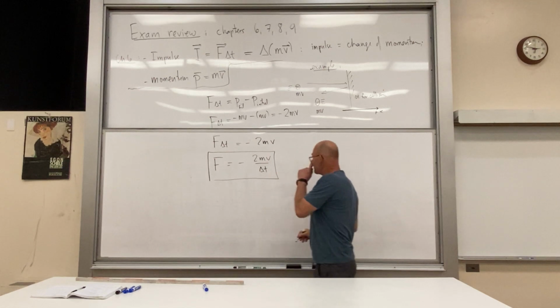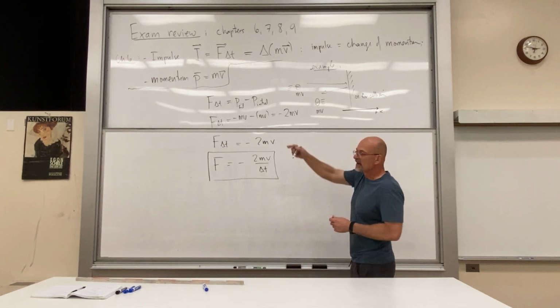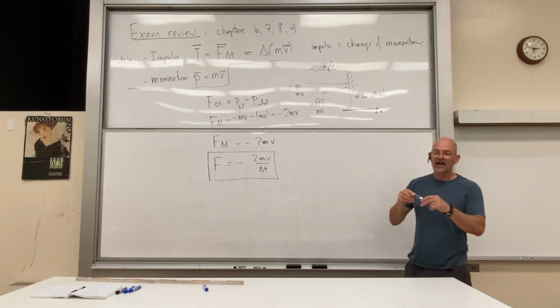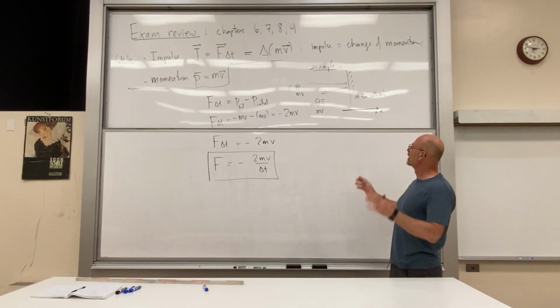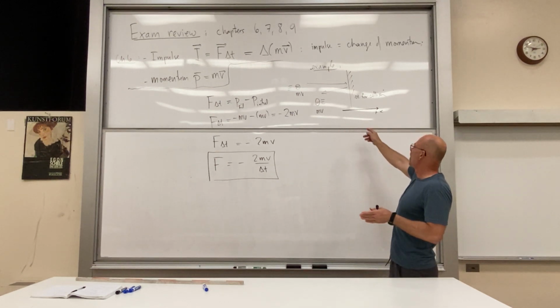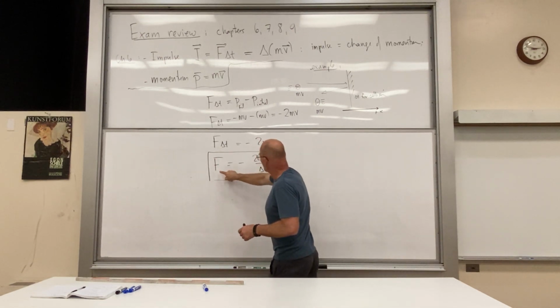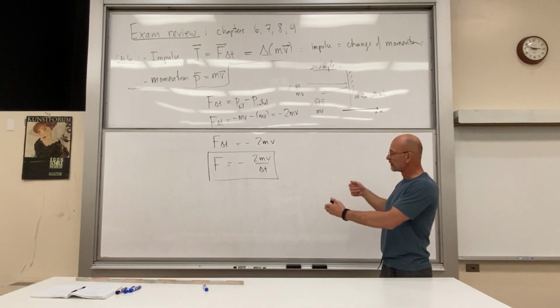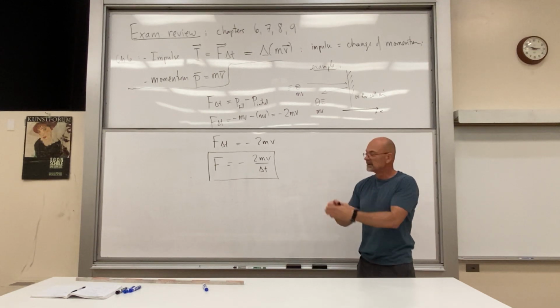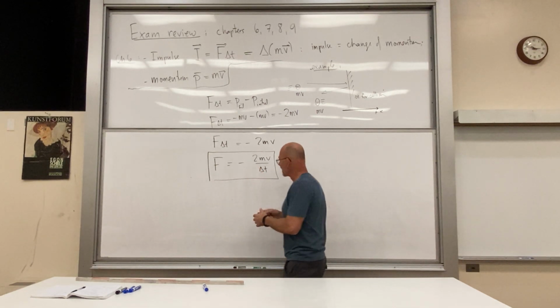The minus sign means the force was to the left. Remember that Newton's third law argument? Who's hitting whom? Did the ball hit the wall, or did the wall hit the ball? Well, the force was to the left, so we could say that was the force that the wall exerted on the ball. To the left, that's why it has that minus sign.